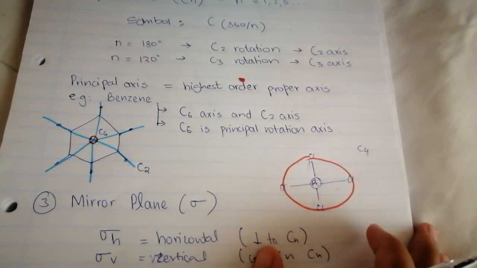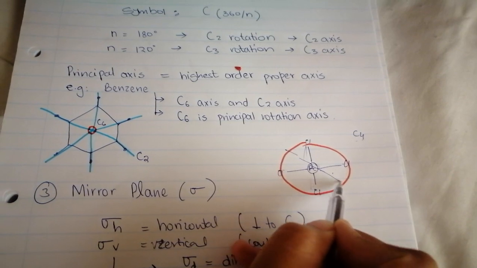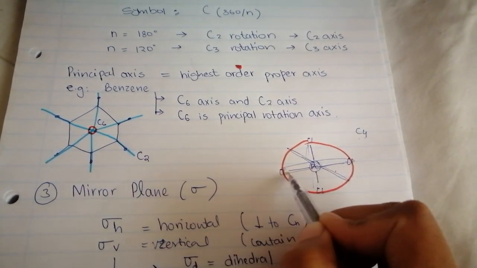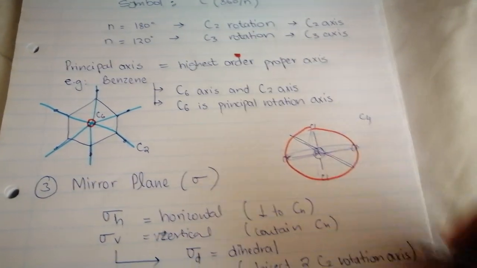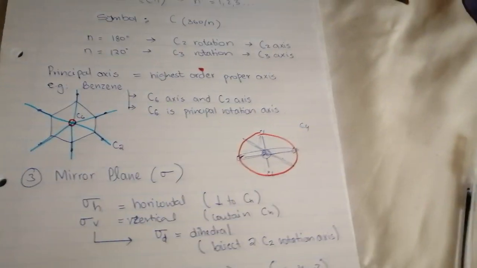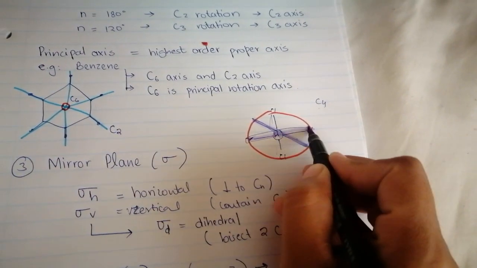Then another type of rotation can occur in the mirror plane, along this angle and along this axis. So this will be in another color. This is another type of rotation that can occur, like this.